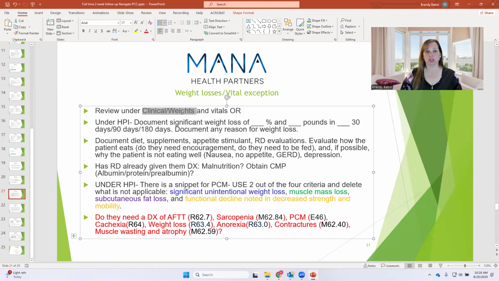So you're going to go under clinical weights and vitals. Under the HPI, you're going to document patient has had a significant weight loss. It could also be a weight gain, because if you've got CHF, lymphedema, or dialysis, we're looking for weight gains as well.